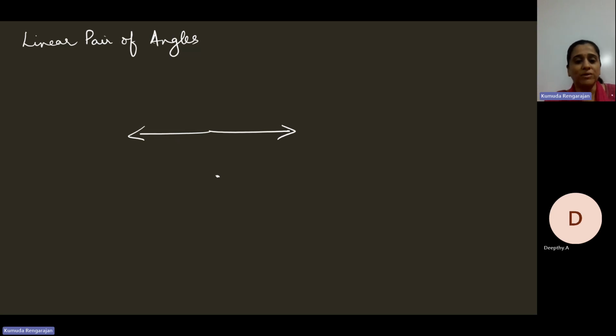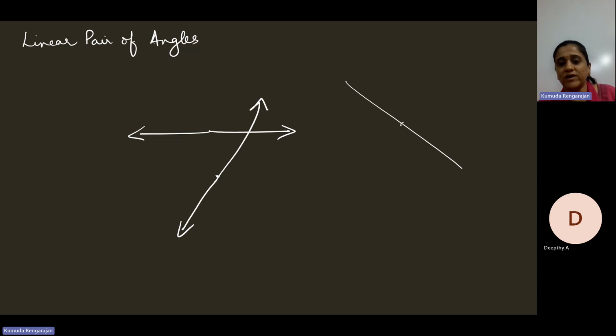If one non-common arm goes like this, the other non-common arm must go like this. Opposite directions, like one is going towards east, the other should go towards west. One is going towards north, the other should go towards south. See, if one ray is going like this, the other ray should go like this.